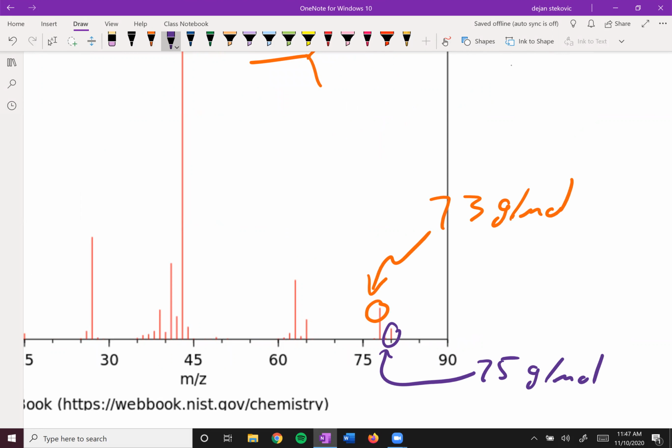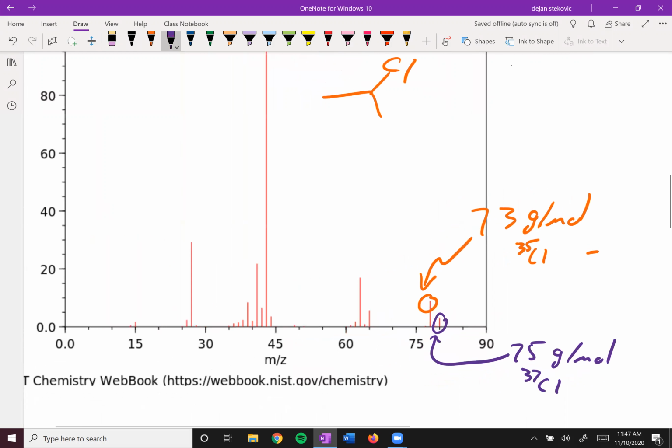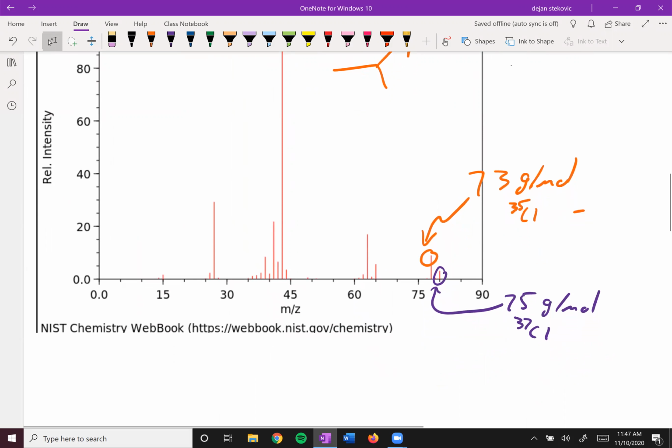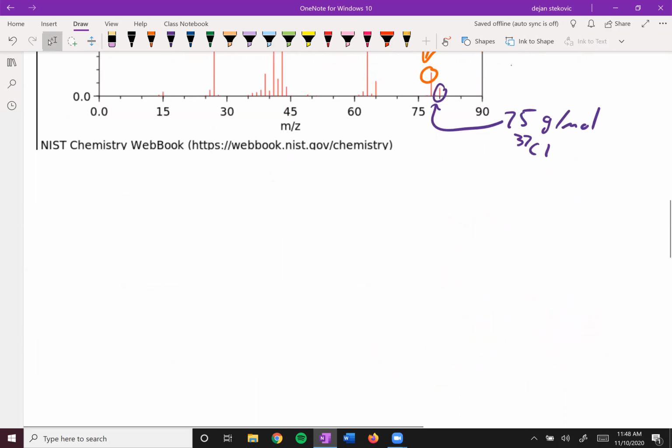On this 73 grams per mole, that's your chloropropane with a chlorine that's equal to 35 grams per mole, or a chlorine 35. And then the one below is with a chlorine 37. So if you see a molecular ion peak and then a molecular +2 ion peak that are approximately 1 to 1/3 in size, you know you have a chlorine.